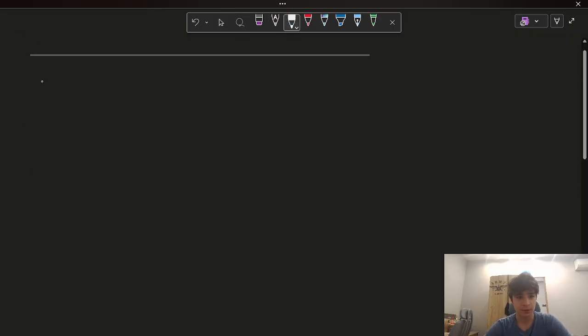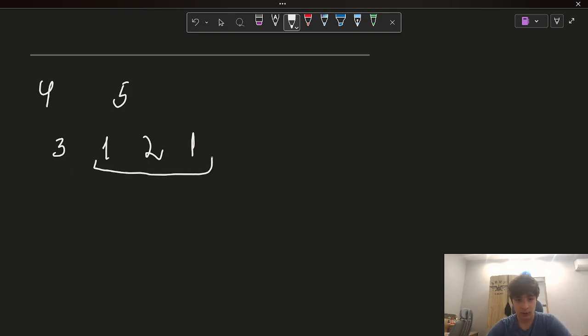So the first array was given: 4, then 5, then 3, 1, 2, 1. This is n, this is t, and for my 5 minutes I need to read the maximum number of books.